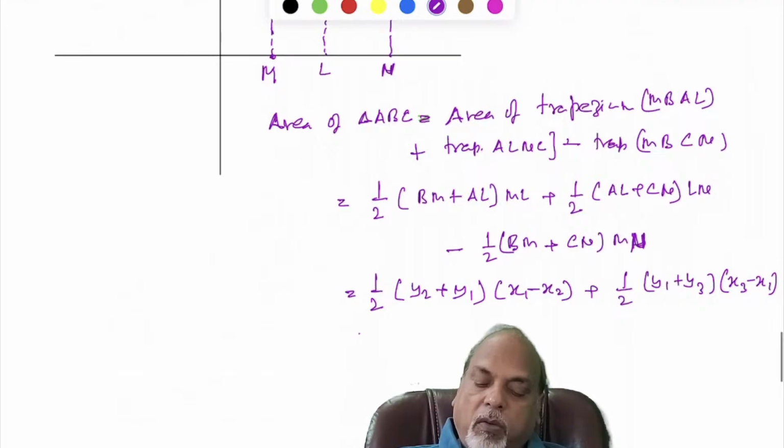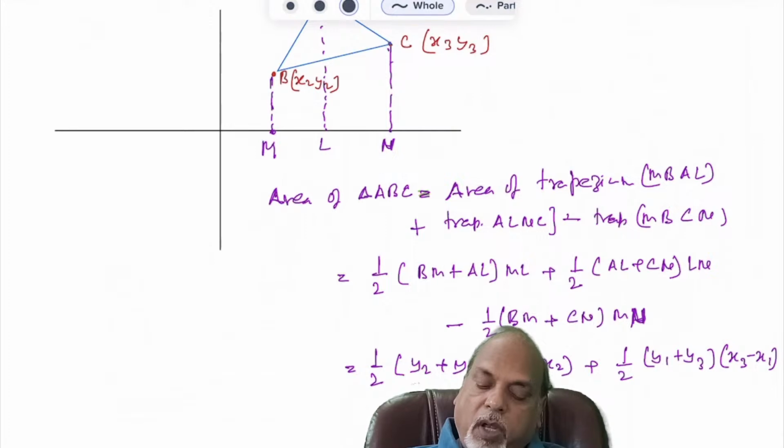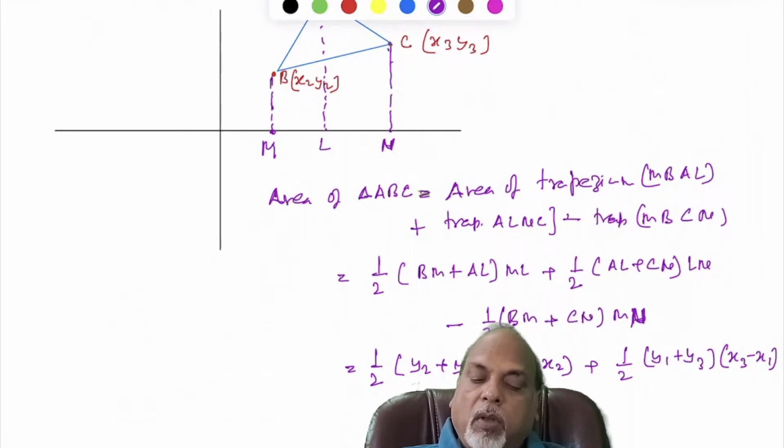and then you have minus half, what is y2 plus y3, and what is this distance? MN is nothing but x3 minus x2.